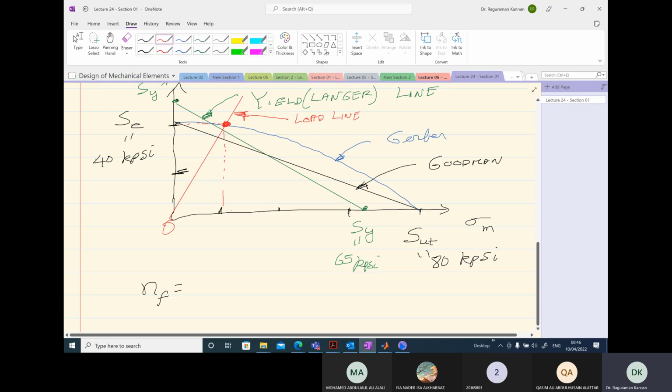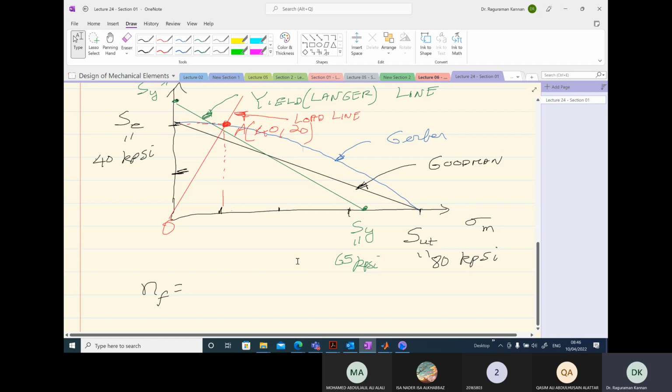This is the origin. Let's identify our point of interest as A, which is 40, 20. We also need the intersection points in the case of the Gerber curve and the Goodman line.